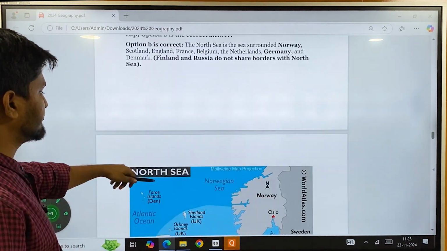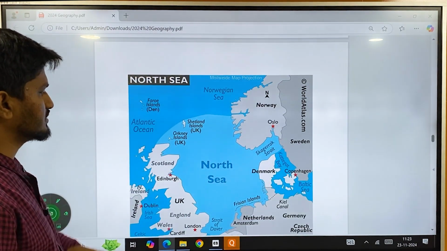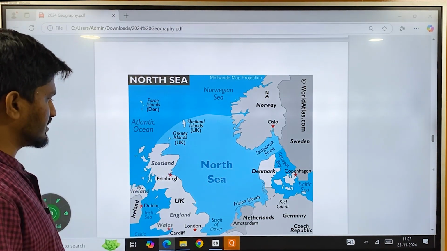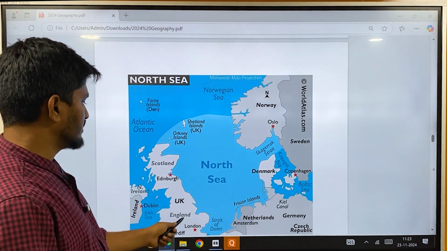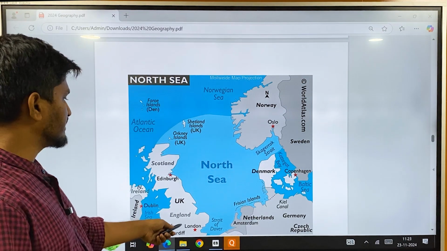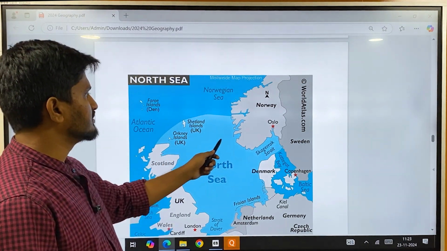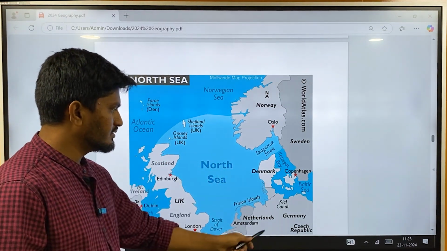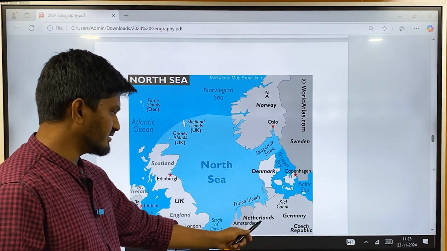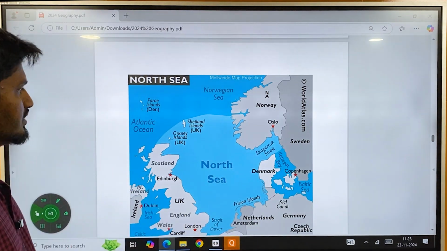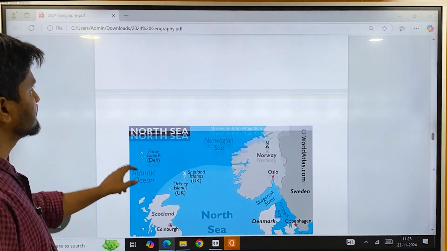First we will see the North Sea. This is the North Sea, which is almost near the northern hemisphere. The North Sea shares a border with the UK, that is Great Britain, England, Scotland, and then comes Norway, Denmark, Germany, Netherlands, these countries.